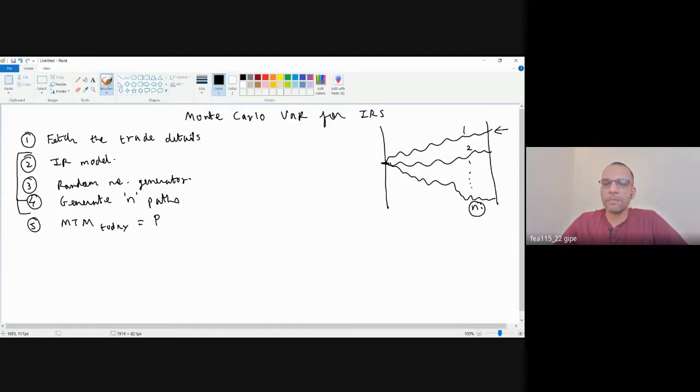I take path one, I use these rates in order to price the swap. So using path one, I get P1. Then I go to path 2, I get P2, and so on up to path n, I get Pn. Each of these individual paths is priced as well. These are basically my simulated MTMs.